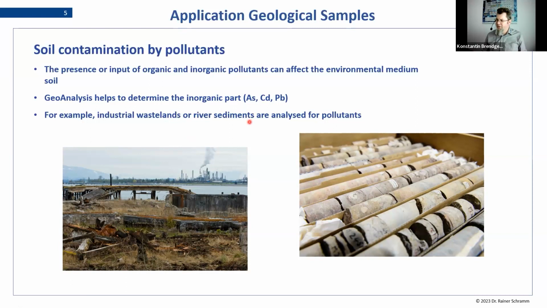Again, the field is quite wide, and what we are using here as a technique is often drilling cores. You basically drill a hole into the ground, and you take these cores, and you can analyze the composition of them to find pollutants, but also the composition.